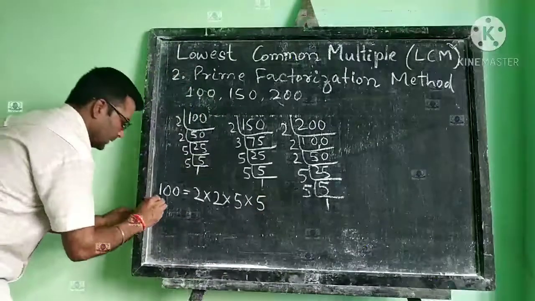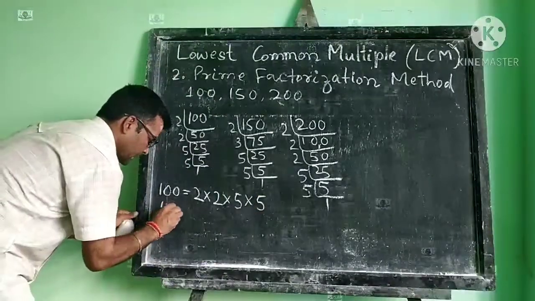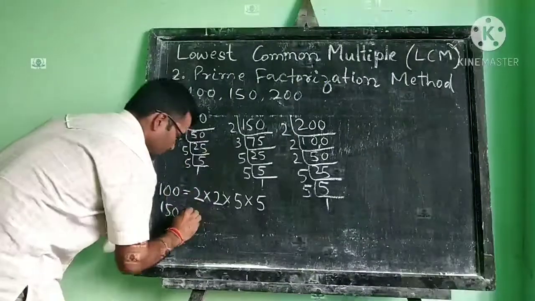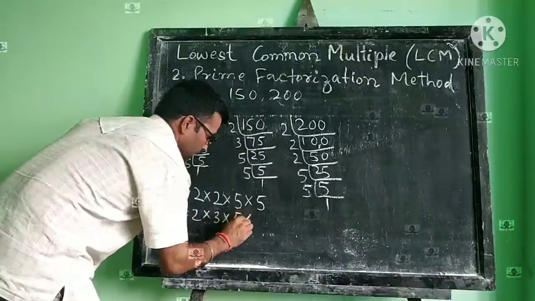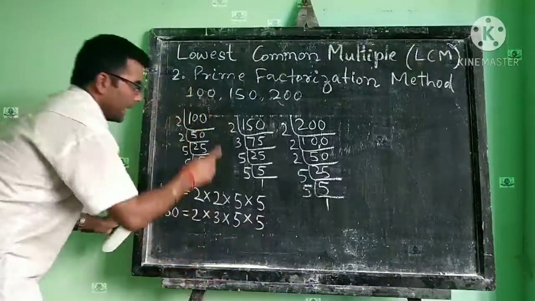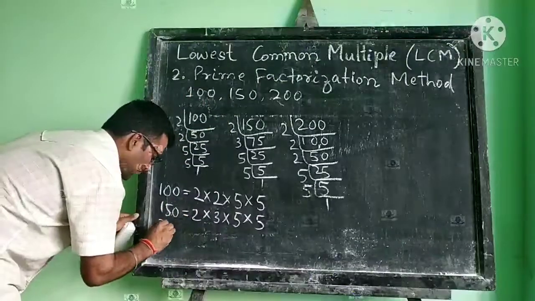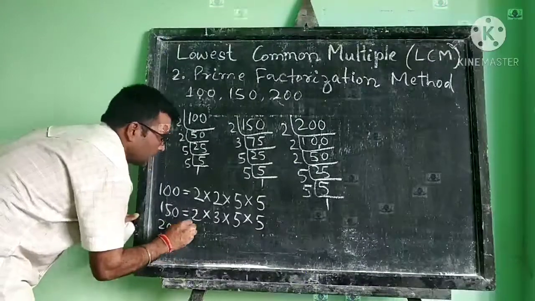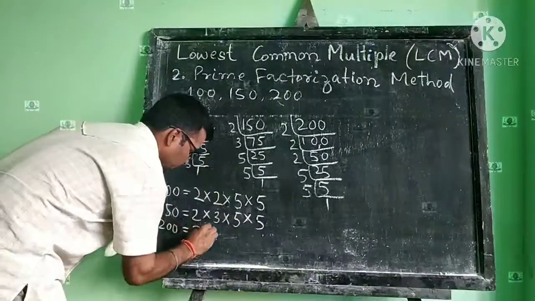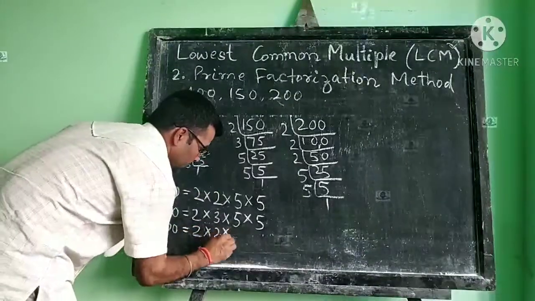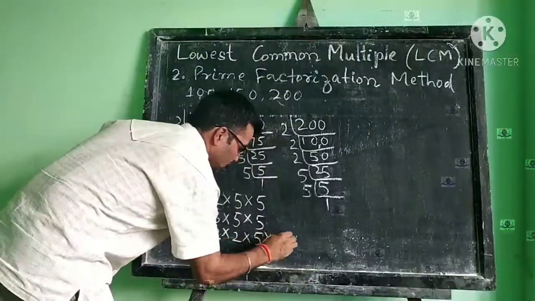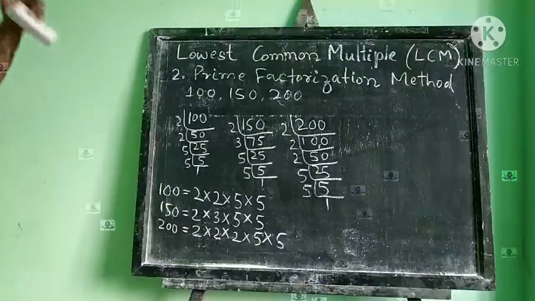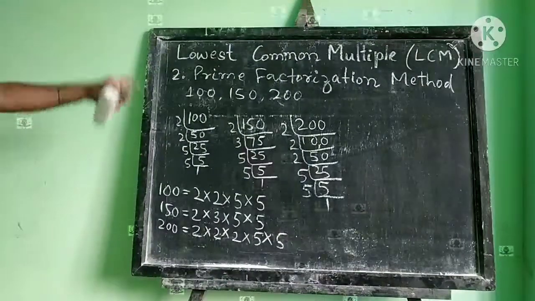Similarly 150 is equal to 2 into 3 into 5 into 5. And 200 is 2 into 2 into again 2 into 5 into 5. So these are the prime factors of these numbers.